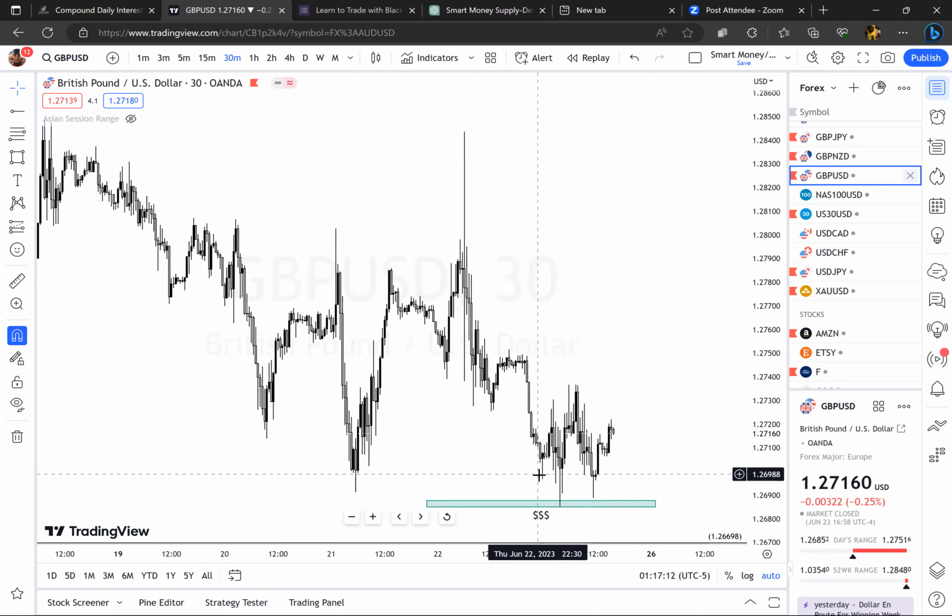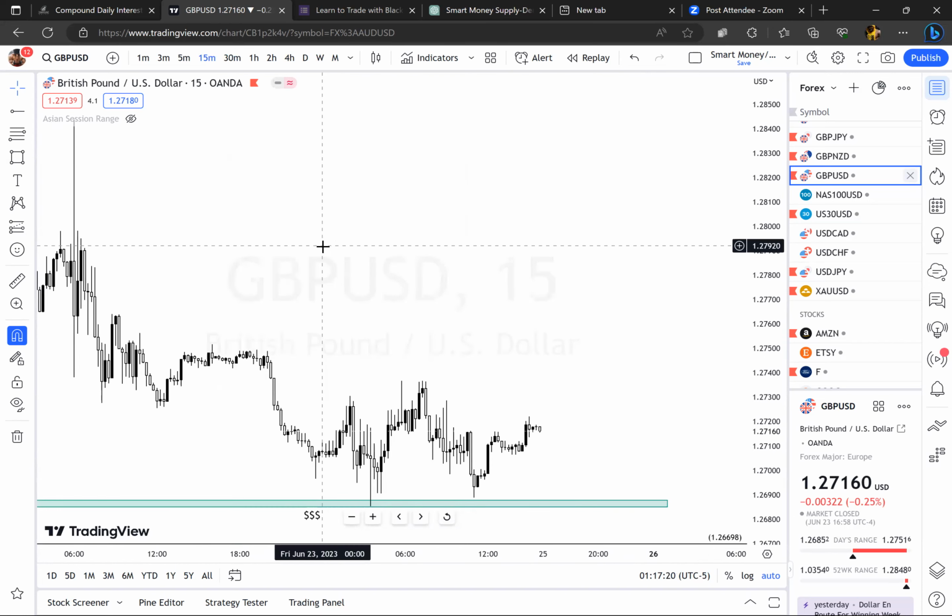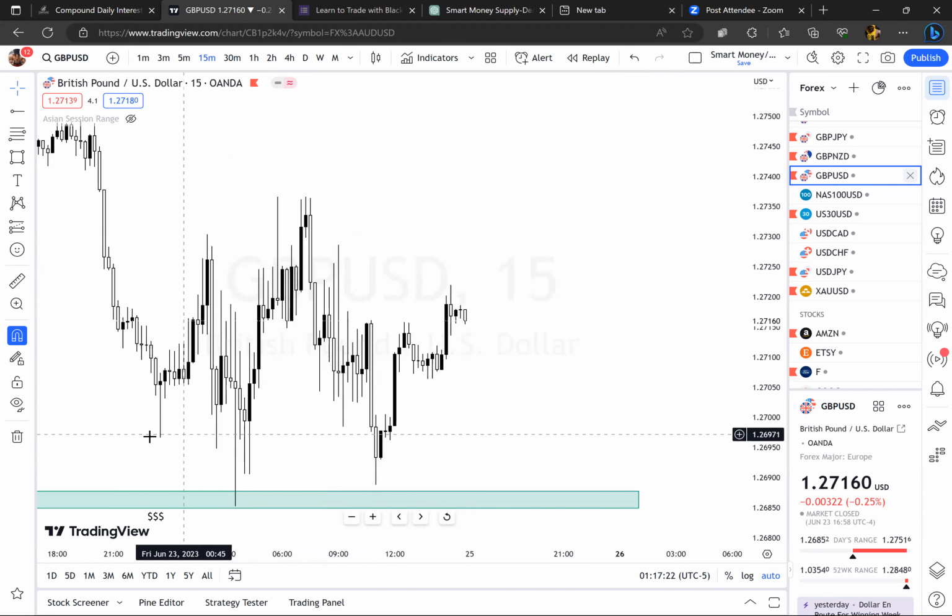We got our preliminary support. Wait, no, my bad. Hold on. Let's go to the 15-minute. All right. So we get our selling climax here. Selling climax. Automatic rally. What is it? Secondary test.